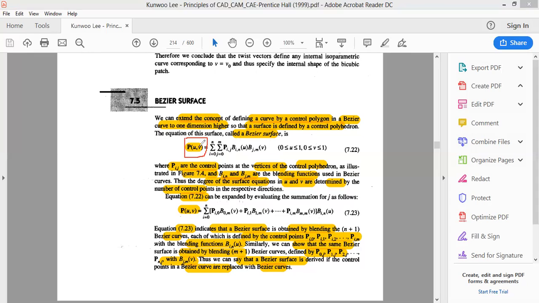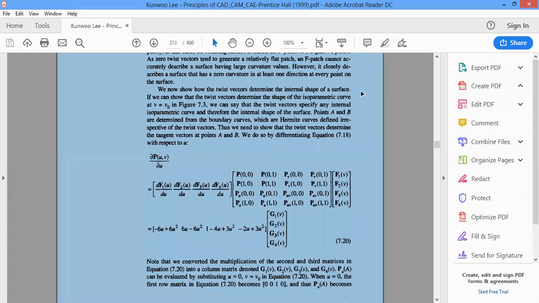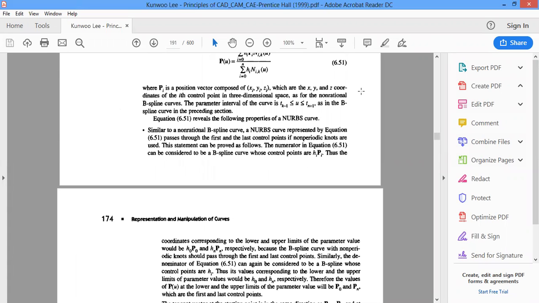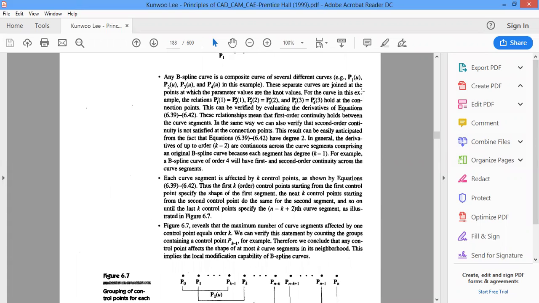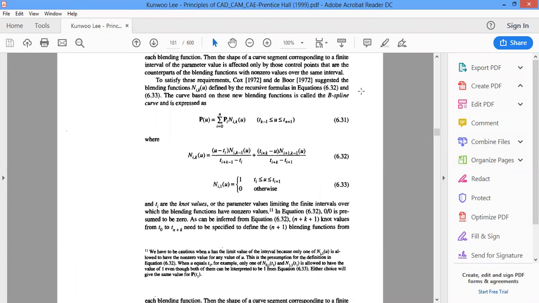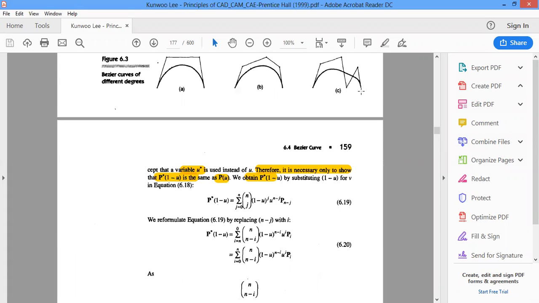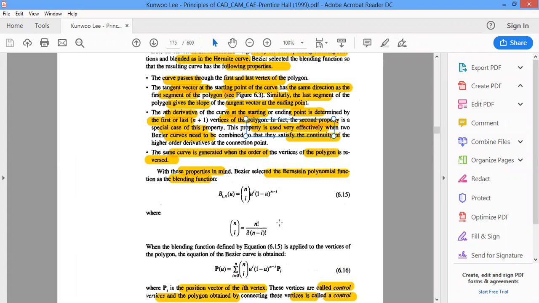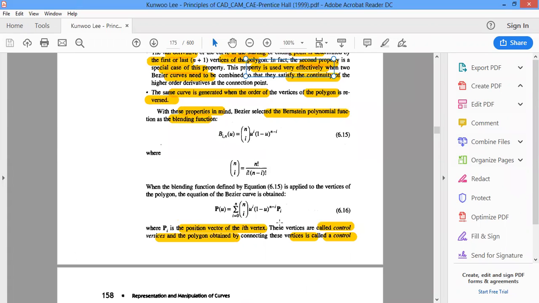So let us just see back with the Bezier curve first. So this is the Bezier curve that we had. Okay.